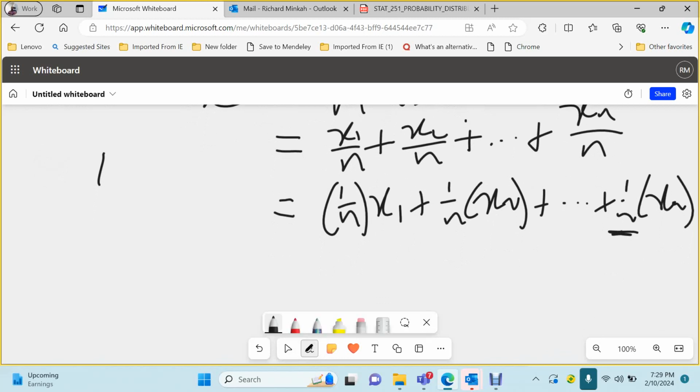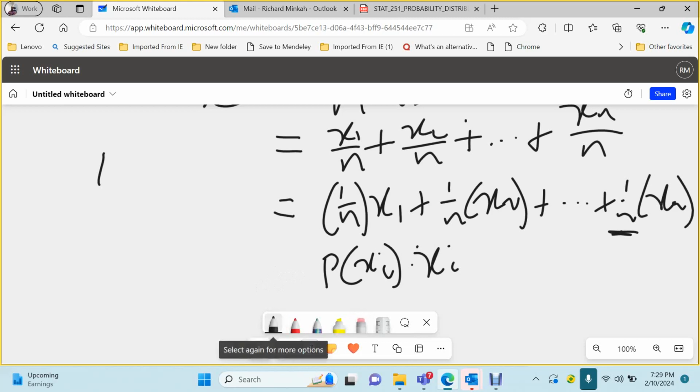So it means that I can do this as the probability of selecting xi times xi. But because I'm summing all this, I need to sum, as equal to the sum of i moving from 1 to n of probability of x times x.